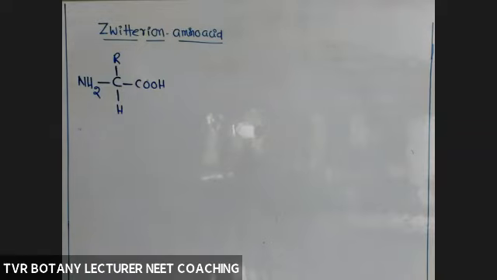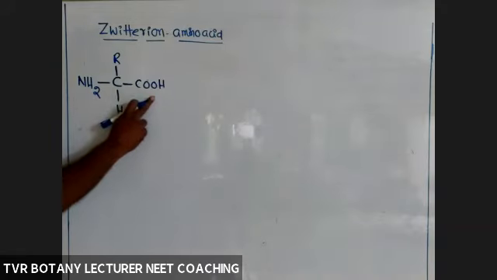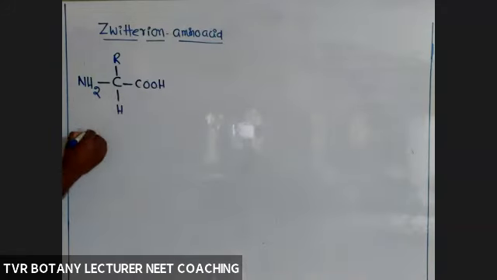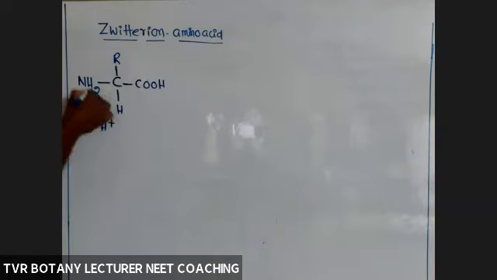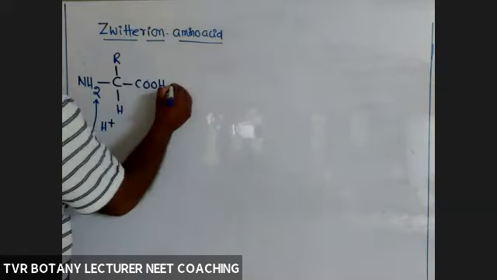So this is amino acid. Okay, so here no positive charge, no negative charge. So now one H plus proton is added to amino group. So once proton is added to NH2 group, we have to change the charge of that one.